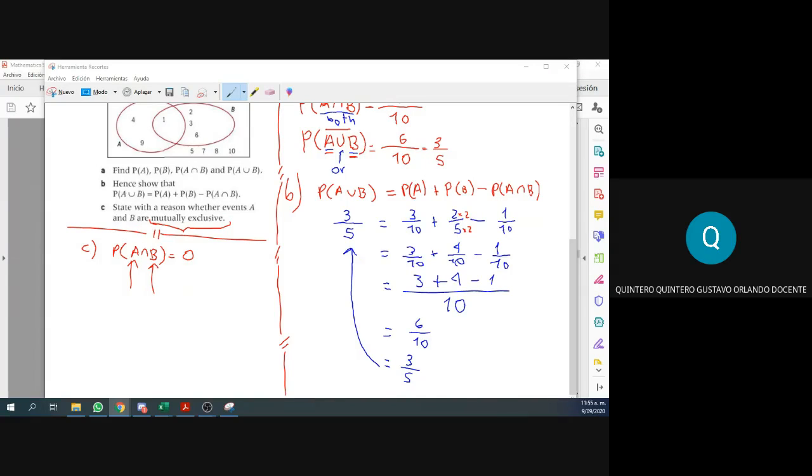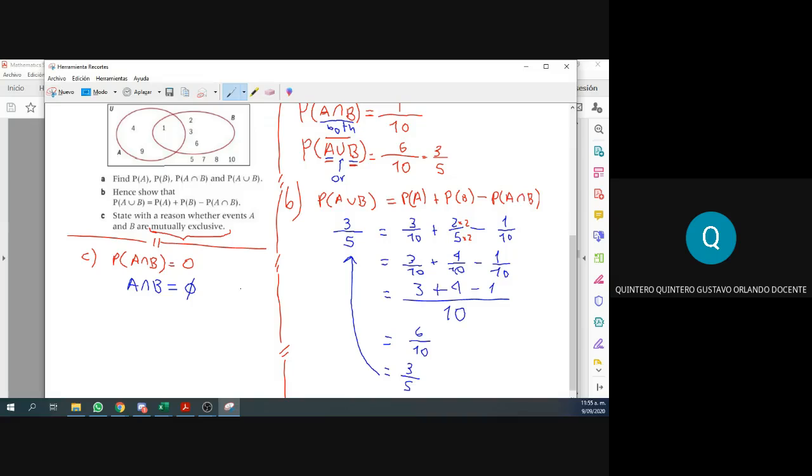Now, we can expand on this a little bit better. What is the idea behind the intersection being 0? The probability can only be 0 if the set itself is empty. Look at this.